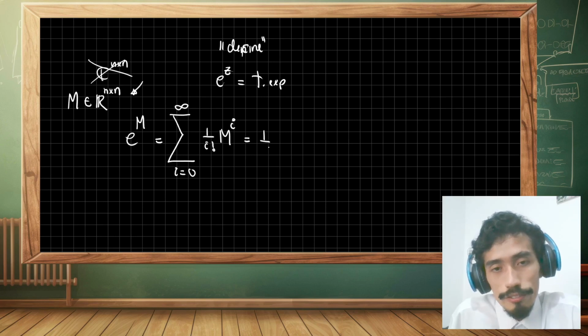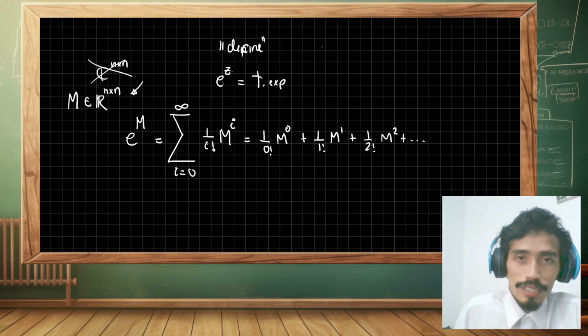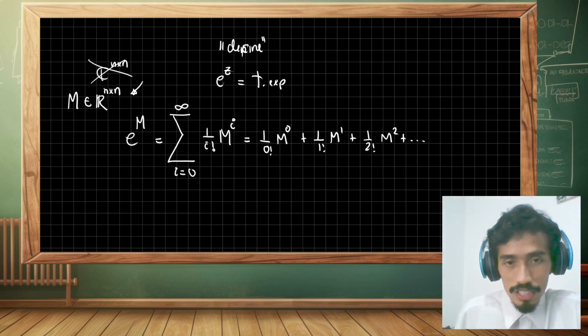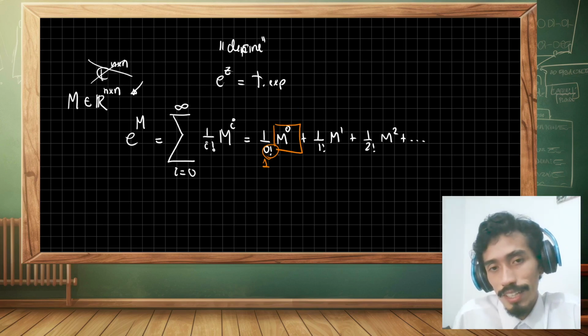So the first few terms will be, of course, this one, also this one, plus, and you know what follows, right? So we need some conventions here. Once again, you know that the factorial of 0 is equal to 1, but for this matrix we still haven't decided what this means. So let's say that this is the identity matrix.